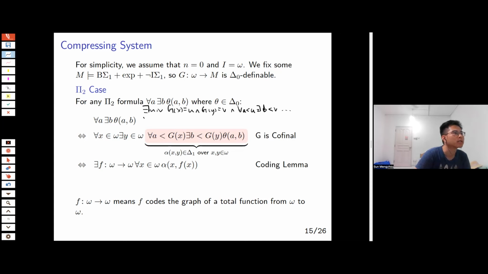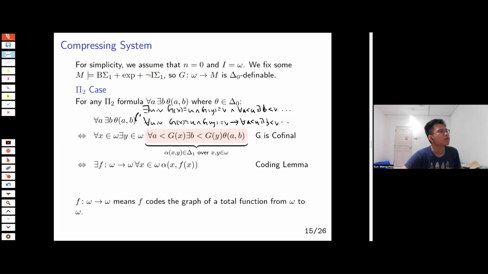Or we can say that for any u, v, if G x is equal to u and G y is equal to v, then this implies that for any a less than u, there is b less than v, and so on. And this equivalence only holds for the case of x and y in omega. So that is a Delta_1 function over x and y in omega.